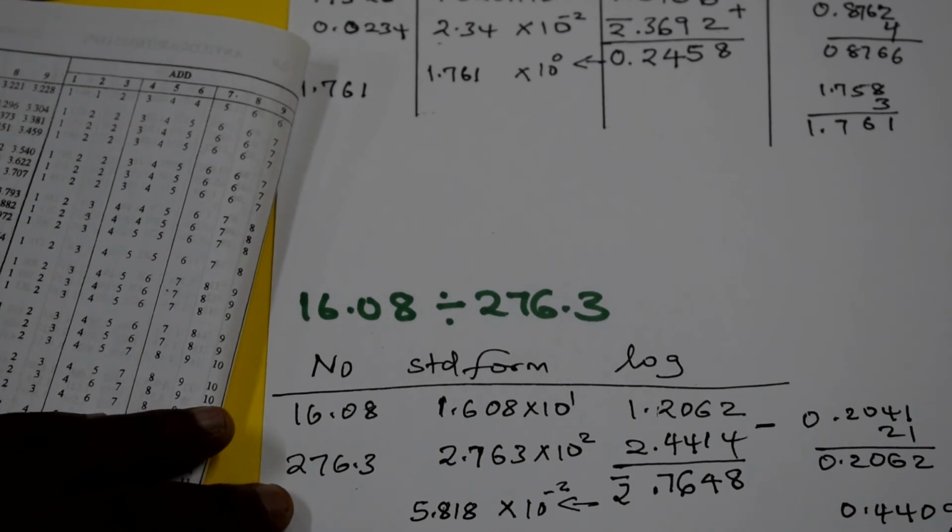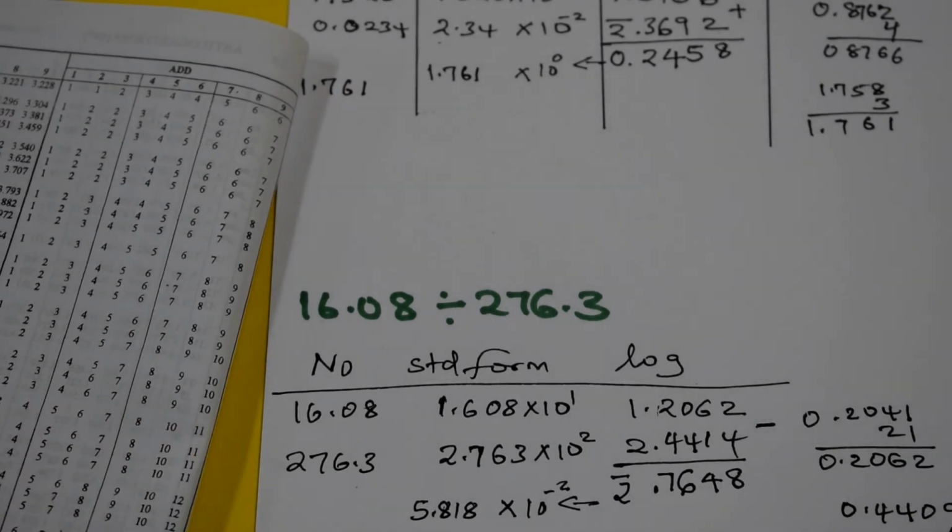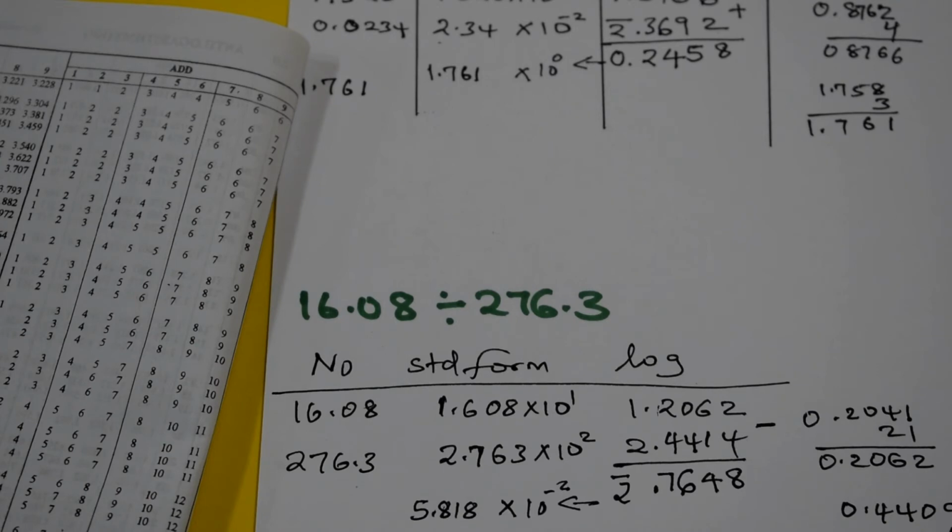So our answer will be 0.05818, which is the required answer. So we can keep on working with this. So let's look at more examples.